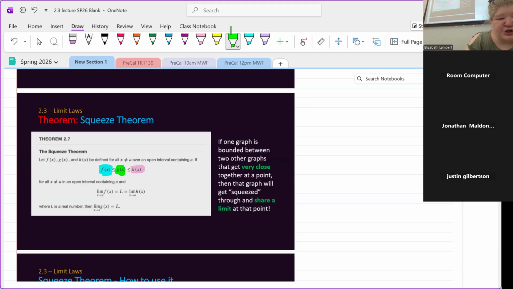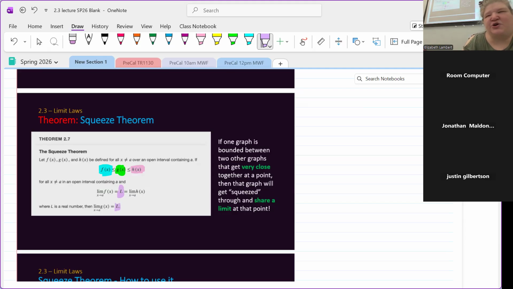As long as we know for sure that g is always in between those two, then if f of x and h of x are approaching a limit value, then g of x is also forced to equal that same limit value.